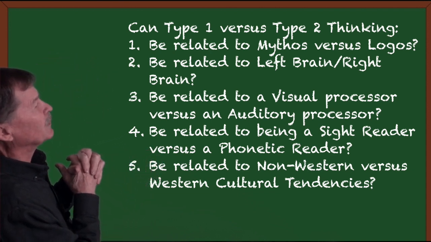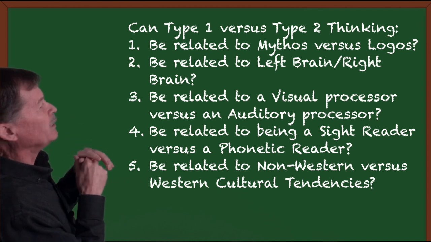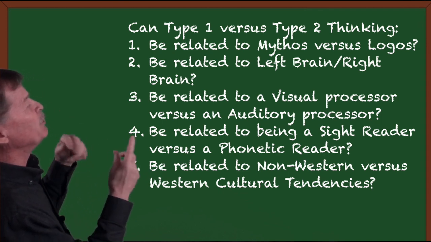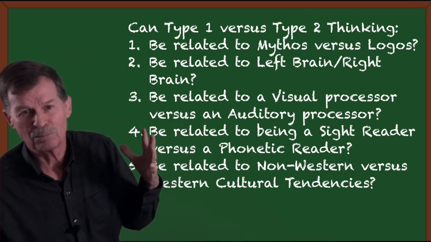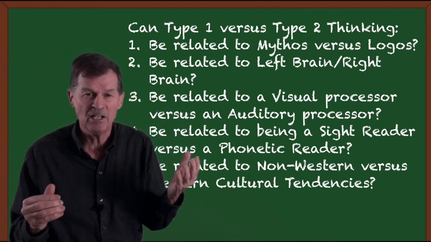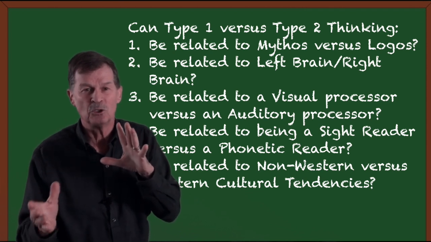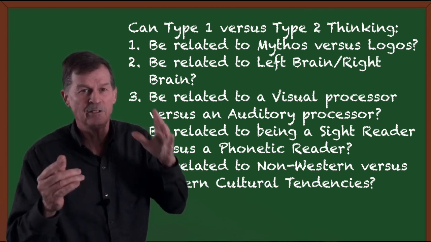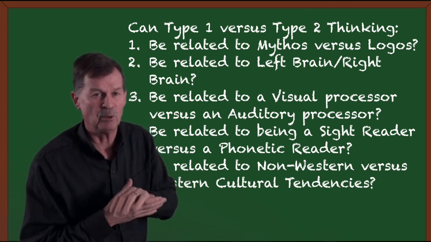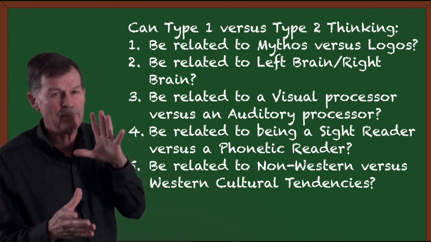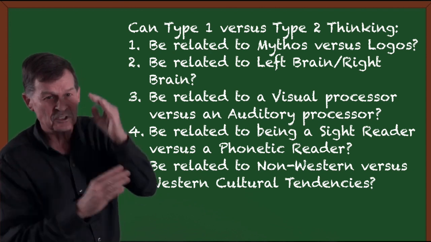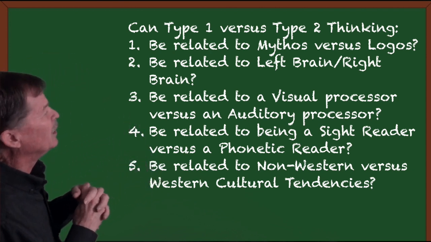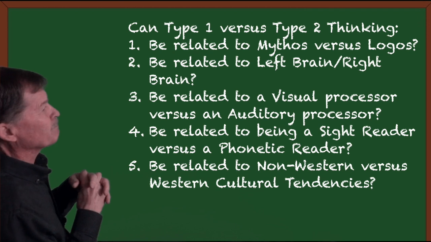Number 2, can type 1 versus type 2 thinking be related to the left brain, right brain type of identifications that have been made, that certain people, left-handed or right-handed, or our left brain does this and right brain does that? Is that maybe part of system 1, system 2, or different systems interwoven through our brain?